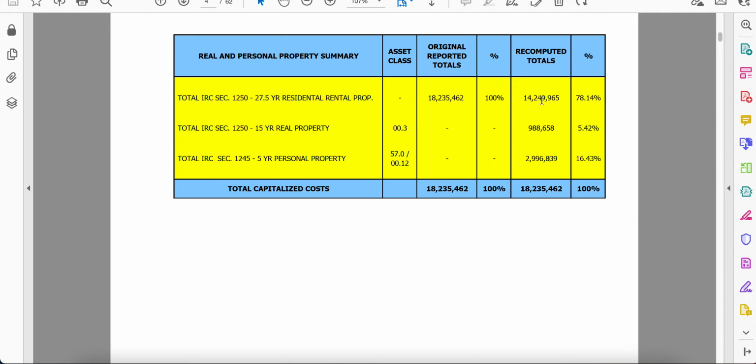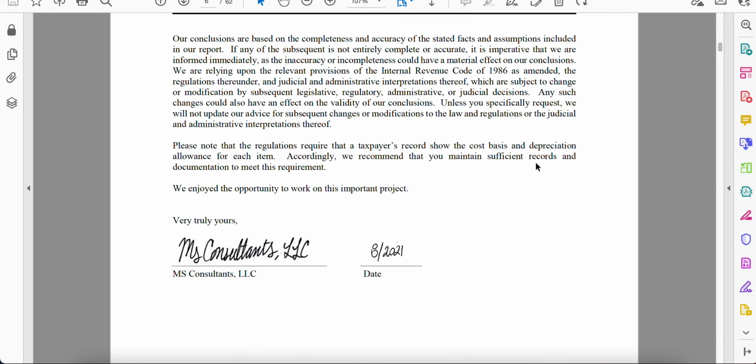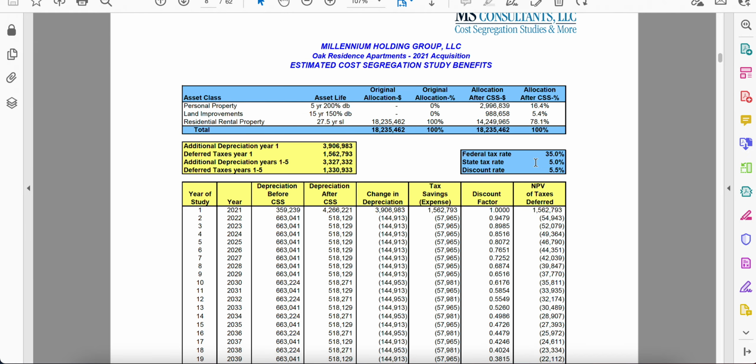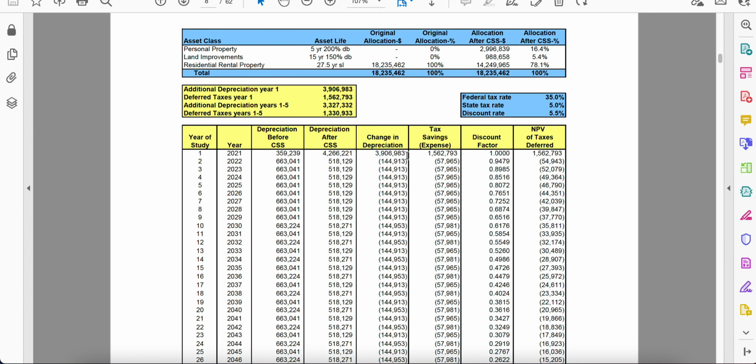So now that we have these three different buckets and nearly $4 million moved within the 15-year period, I want to move down and show you how that impacts the actual depreciation schedule, particularly in year one, which I'll highlight right here.